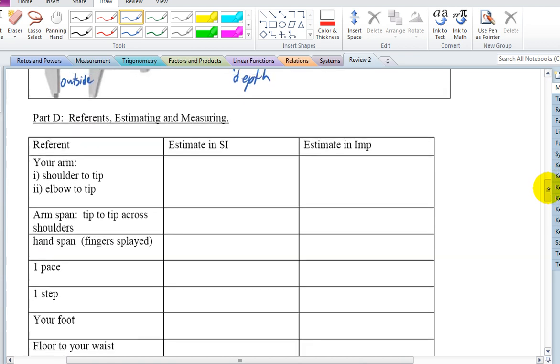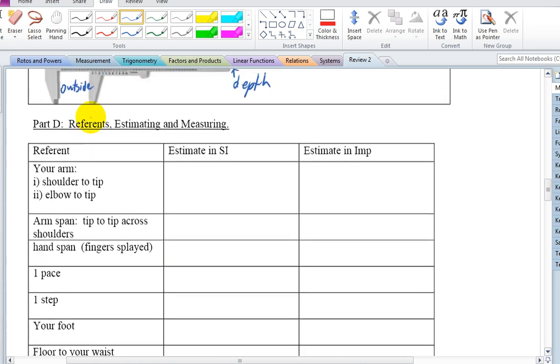Good. So, reference, estimating, and measuring. Reference are a known or approximately known measurement. For example, your arm, the shoulder to the tip.